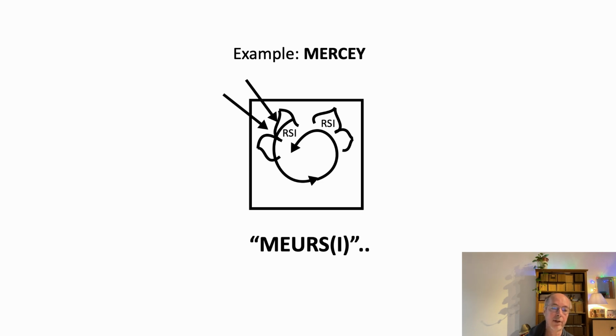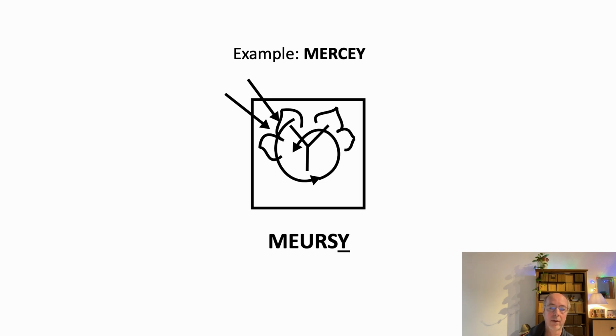But it's not written as MERCEY with an E, it's with a Y. So the Y is more like a connection, not inwardly, but to something which we don't have yet, which we don't know yet, and we try to connect it. And this is the form as you usually use it as the Y.